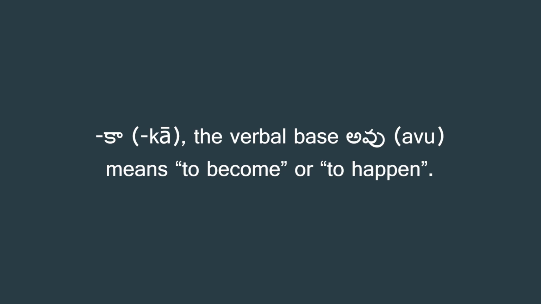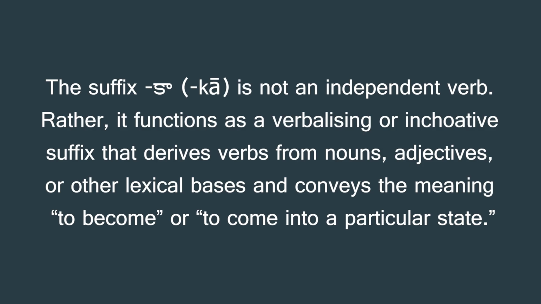We shall now discuss one of the most important forms in Telugu verbal morphology, namely Ka. The verbal base avu means to become or to happen. This form has a distinctive function in Telugu and therefore requires careful observation. The suffix Ka is not an independent verb.